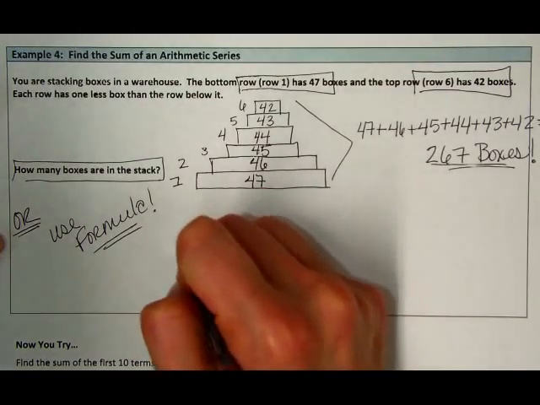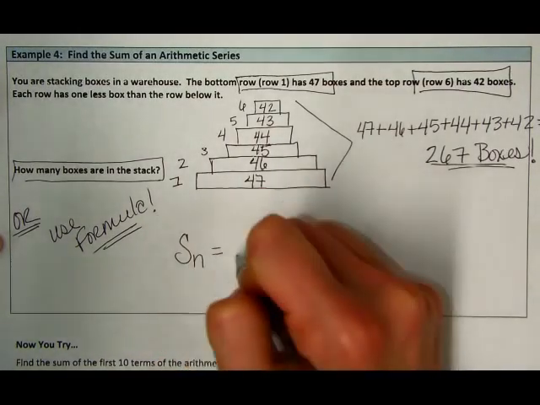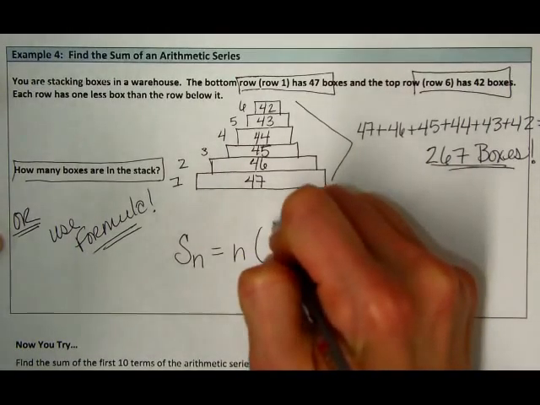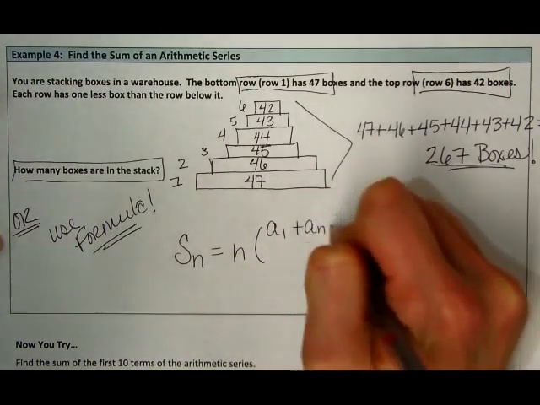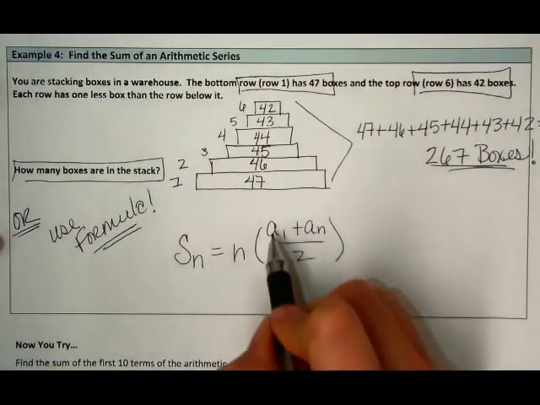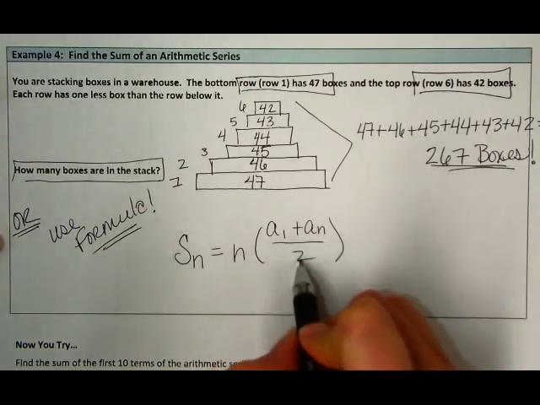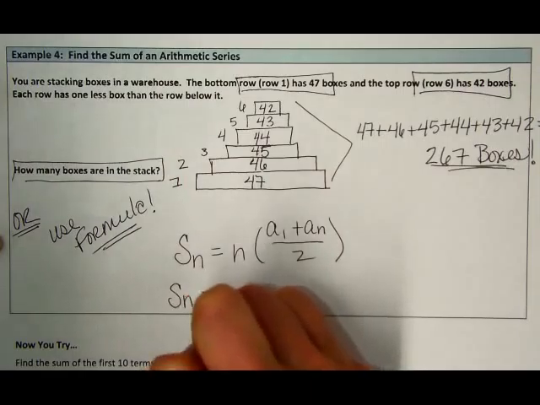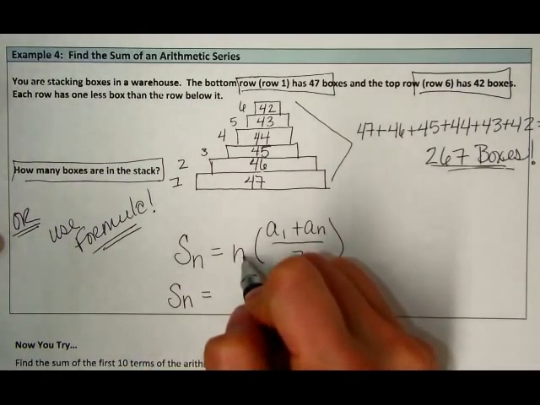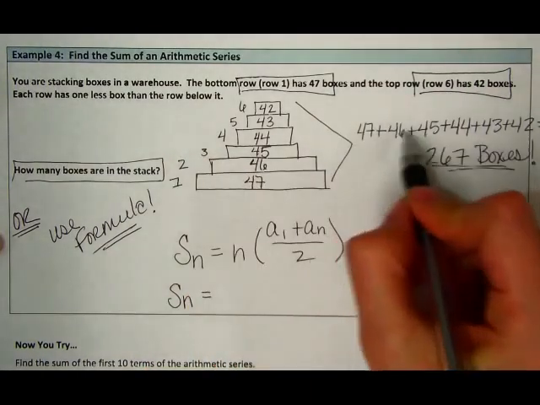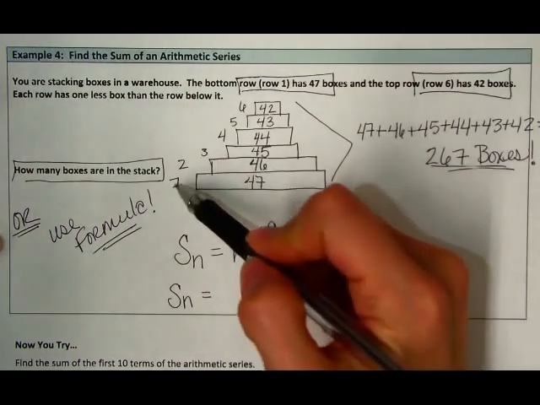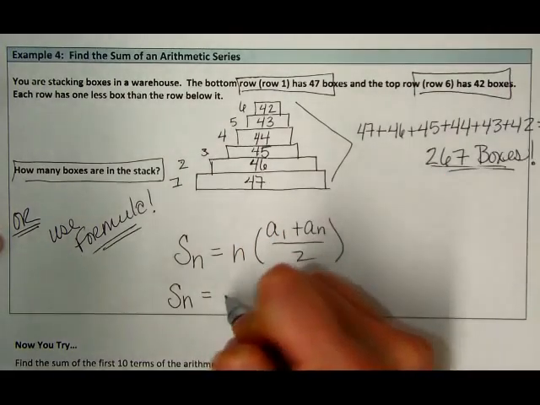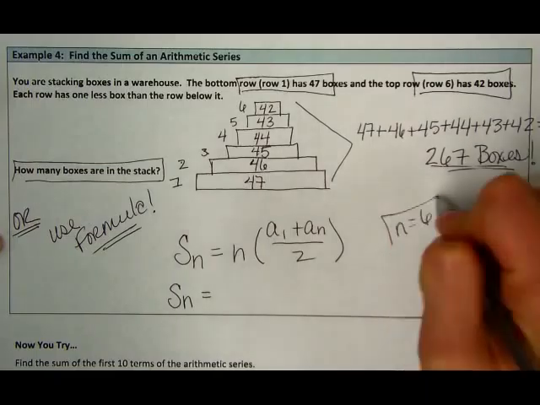So if I do it this way using my original formula, I take my first term plus my last term, divided by 2, times the number of terms I have. The number of terms I have is 1, 2, 3, 4, 5, 6 rows. So I know my n is going to be 6.